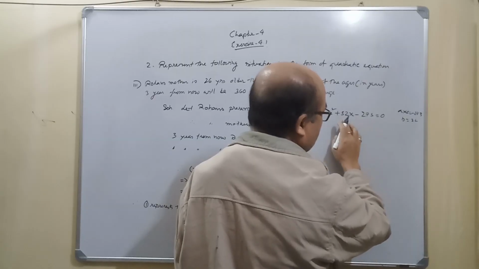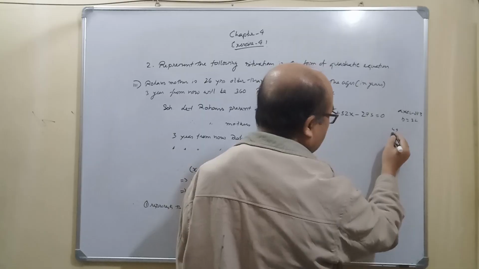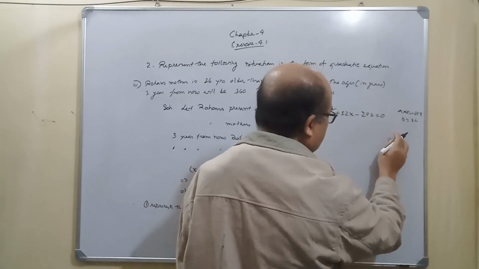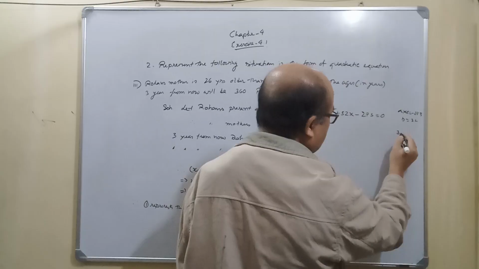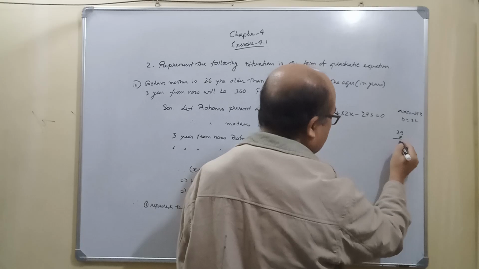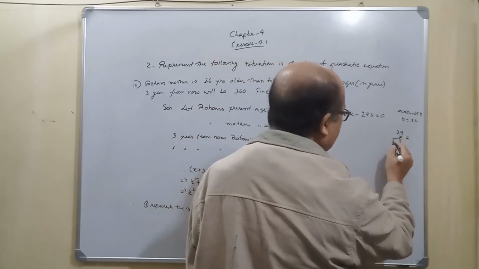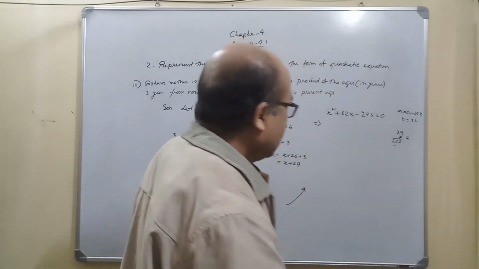273, 32, 39 by 7. So the numbers are 39 and 7.